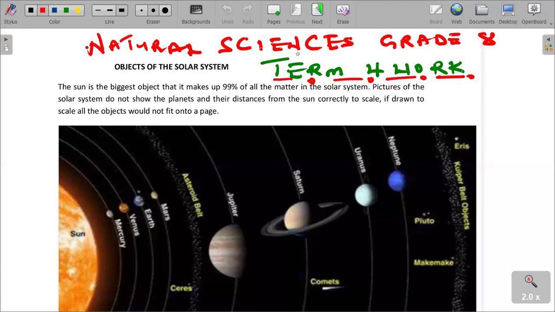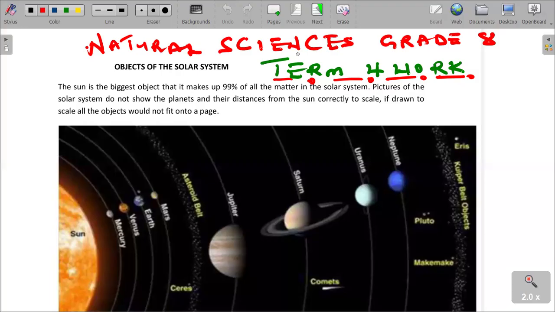Now, what we want to understand is that we have a star. The sun is a star at the center of the solar system, and also a gravity source. Its massive gravitational pull holds all other objects in orbit around it.